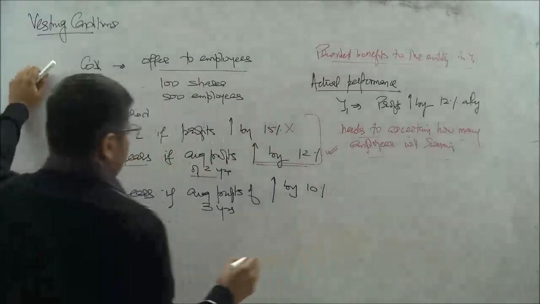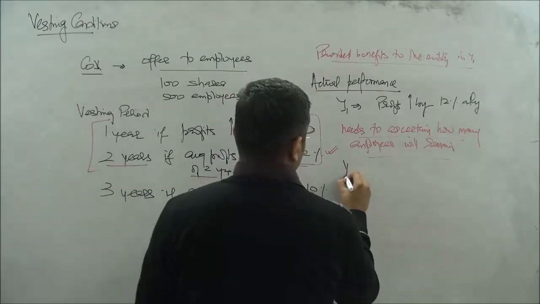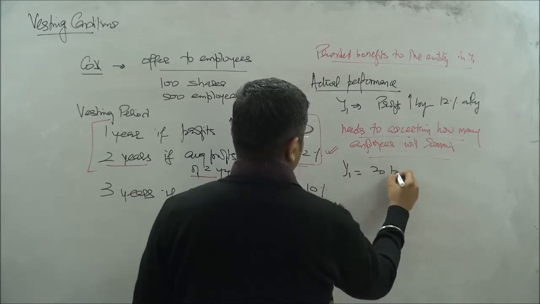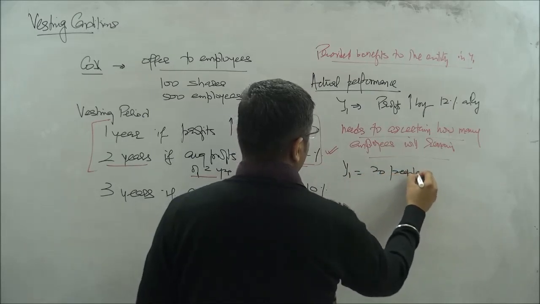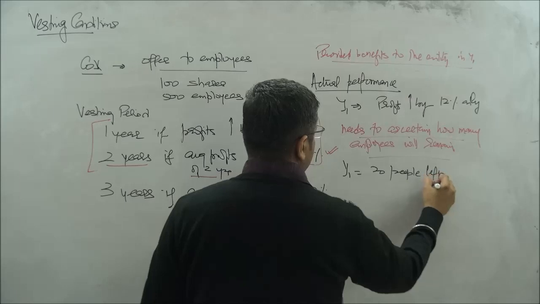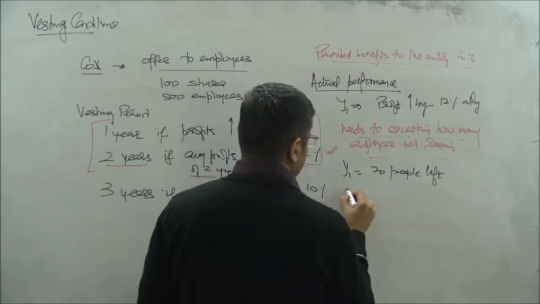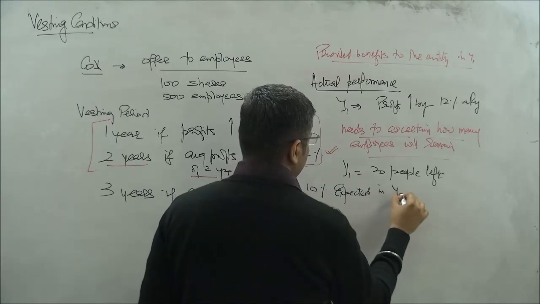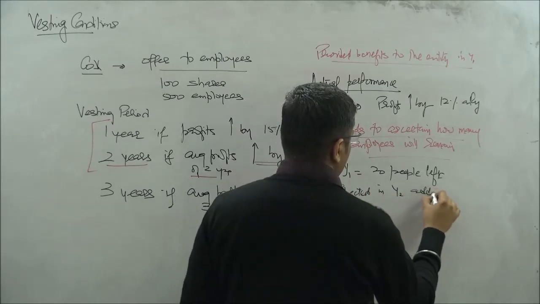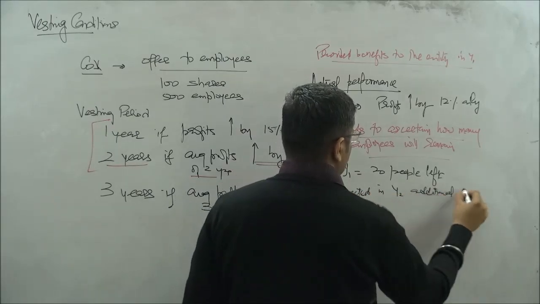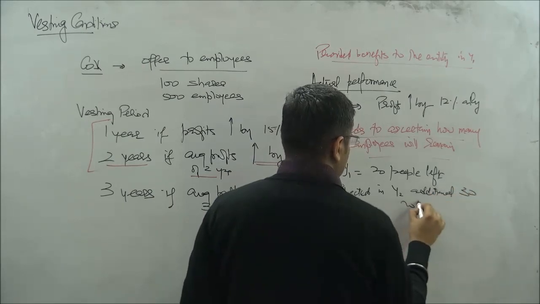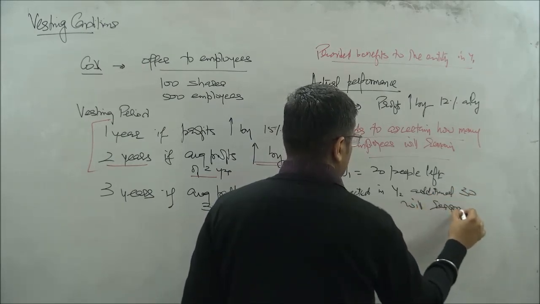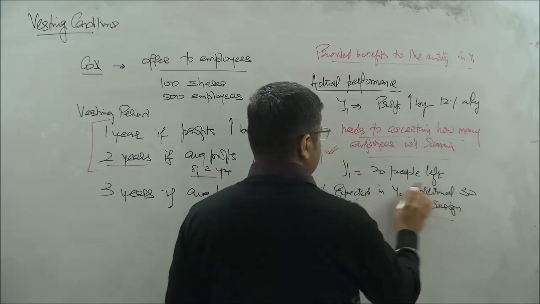Say, for example, in year 1, 20 people left, and it is expected that in year 2 an additional 30 will resign before the vesting period is completed.